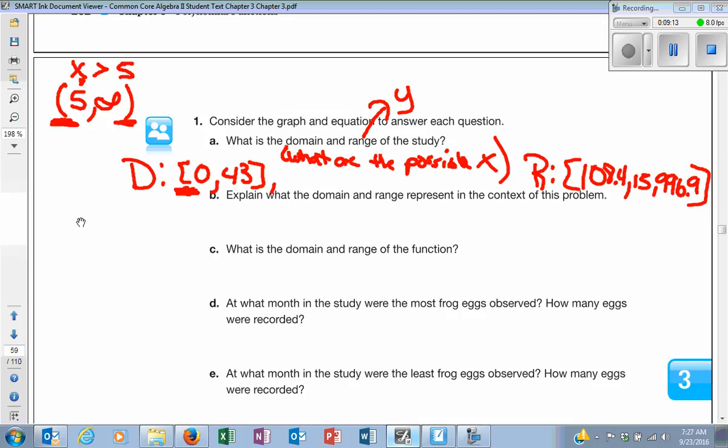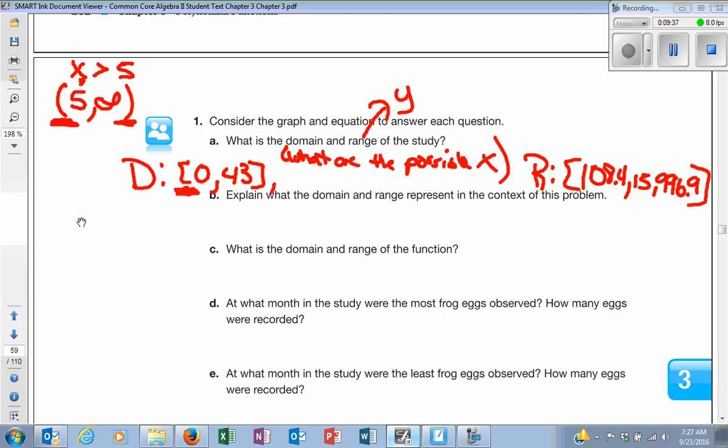What is the range? All the y values. Yep, but what is it talking about? Eggs. So what was the smallest number of eggs that they ever counted? 108.4. What was the most eggs that they ever counted?